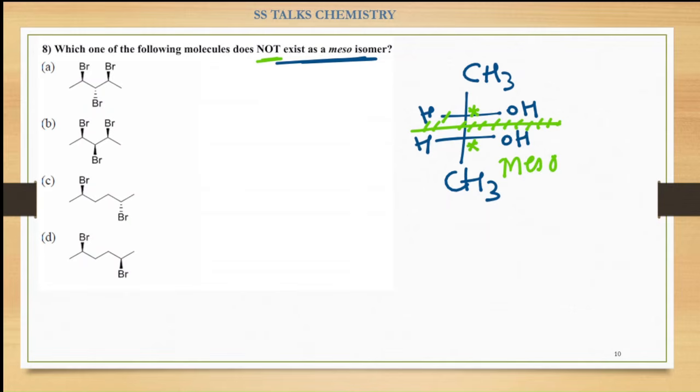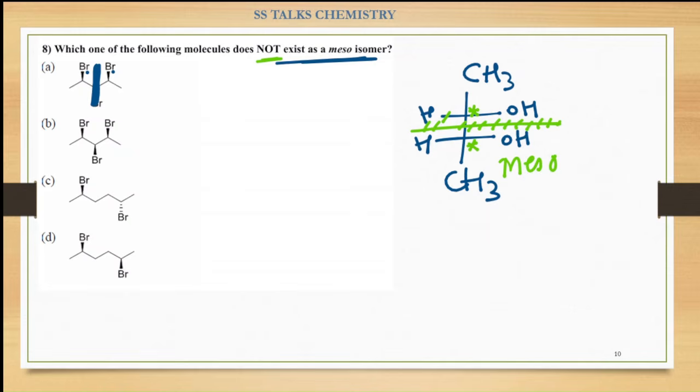Okay, so in molecule A, you can see we can pass a plane of symmetry through this particular carbon center. You can see the bromine groups present at these centers are both at the wedge positions. That means they are going to reflect each other when the plane of symmetry is passed through there.